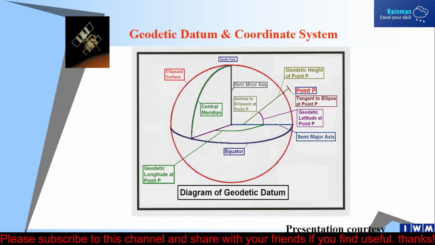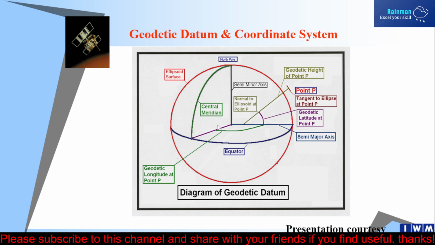So I think I have already discussed this figure. If we subdivide our whole sphere, the center circle, the biggest circle, is the equator, and the biggest circle north to south, which is perpendicular to the equator, is called the central meridian.